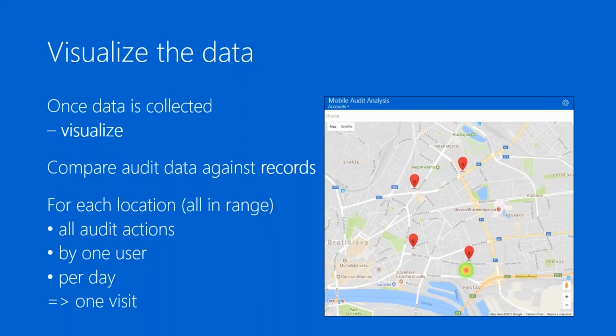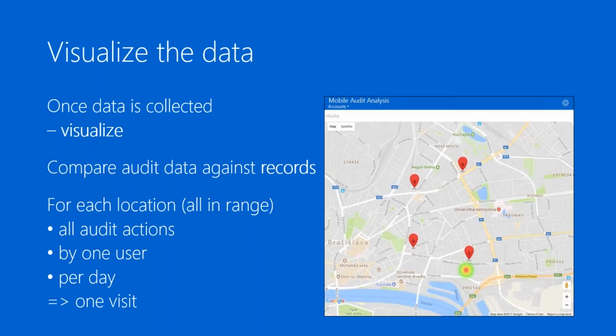And you can visualize them in a way that you compare this gathered audit data against the actual records. What this means is that for each location on the map, and actually for all of the locations in the range, we will consider all audit actions performed by one user in one day.